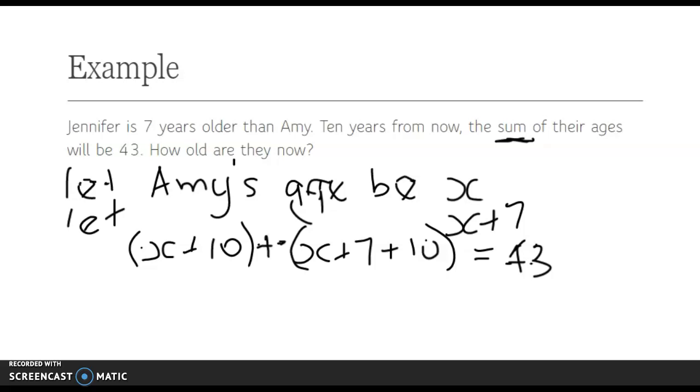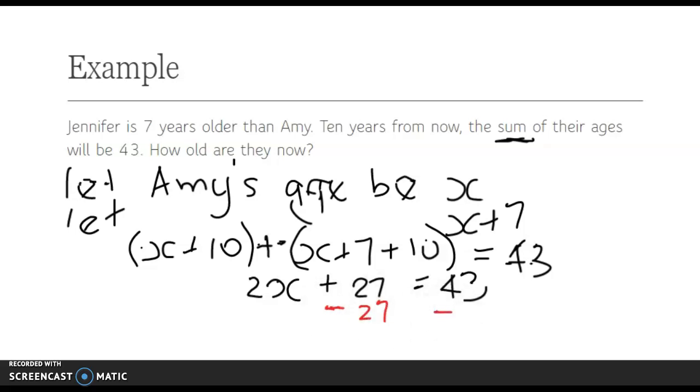Okay, let's tidy up the algebra on the left. Adding like terms gives us X and X is 2X. We've got 10 plus 10 plus 7. It's 27. And now my equation looks a little simpler. Here's where we need to get the numbers on the right hand side and get X by itself. So to do that, we're going to do the opposite of plus 27, and we're going to subtract 27.